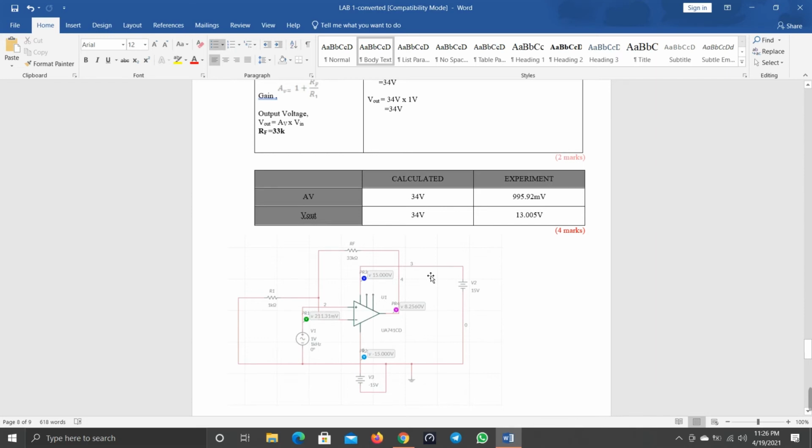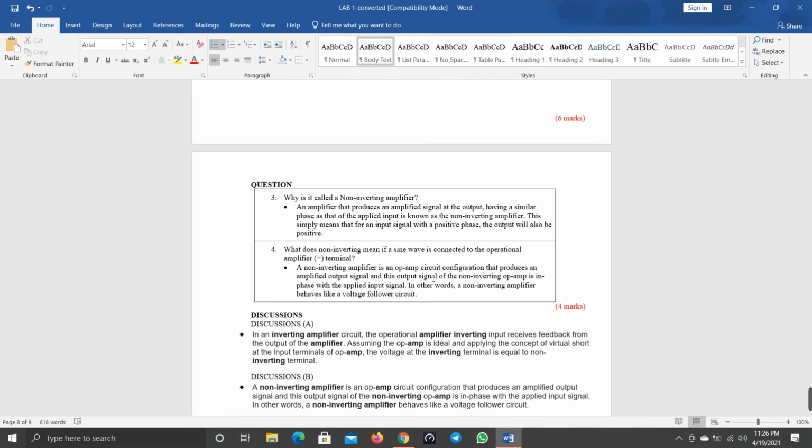Okay, the question: why is it called a non-inverting amplifier? An amplifier that produces an amplified signal at the output having a similar phase as the applied input is known as the non-inverting amplifier.